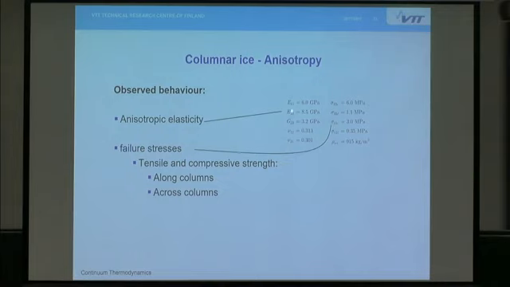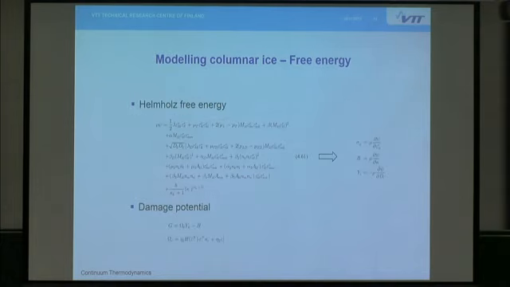We know, in fact we don't know very well, what the elastic parameters are for columnar ice. We have information about strength in different orientations, and based on that we can propose, I think, many different equations. This is what I did.